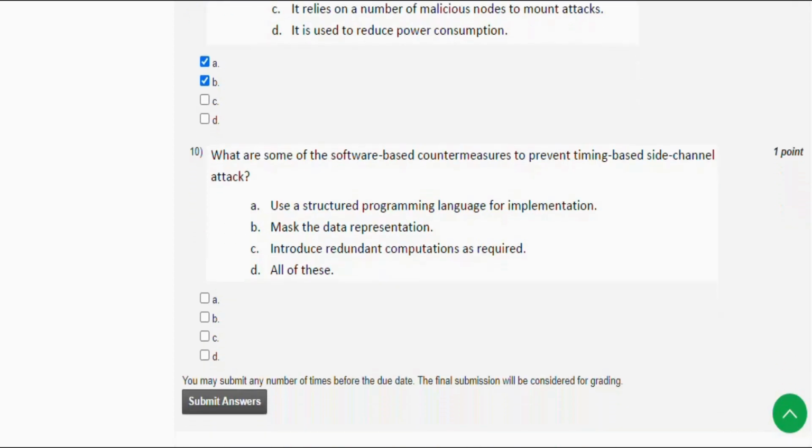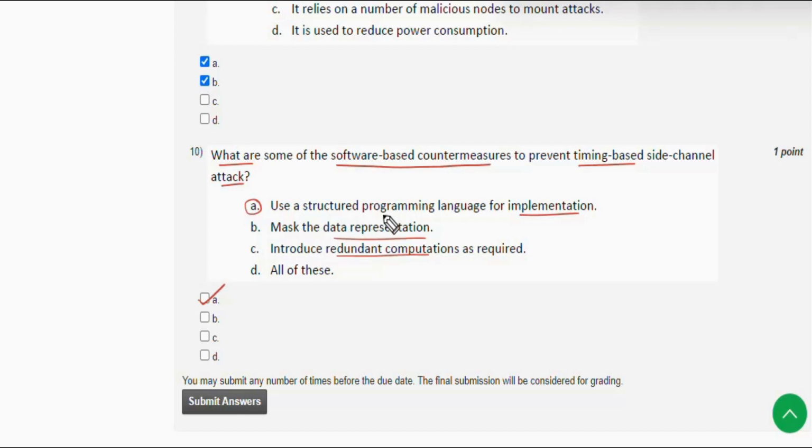Now question number 10, which is the last question of this assignment. What are some of the software based countermeasures to prevent timing based side channel attack? The options are: use a structured programming language for implementation, mask the data representation, introduce redundant computation as required. Here option A will be the answer.